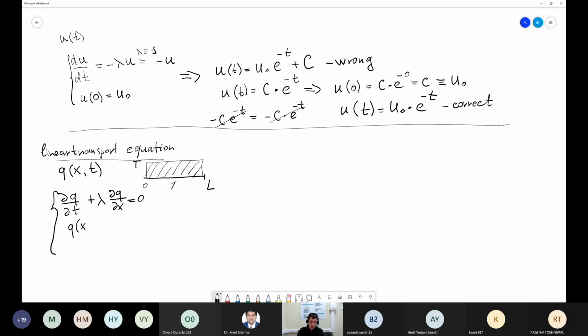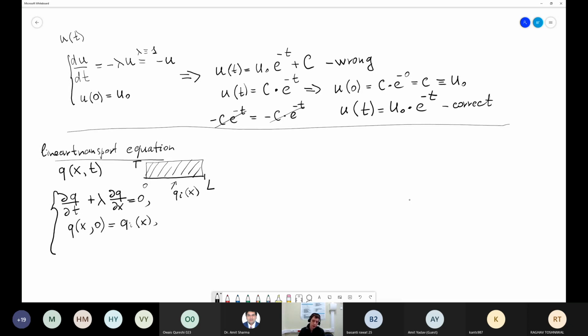First of all, we have to put here the initial condition as a function of x. And we have to add one more condition.